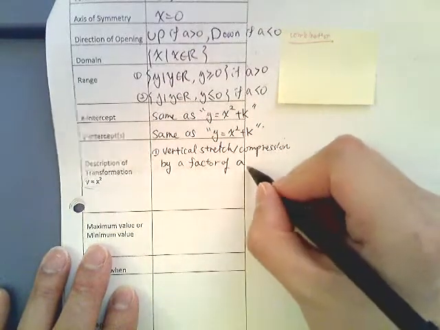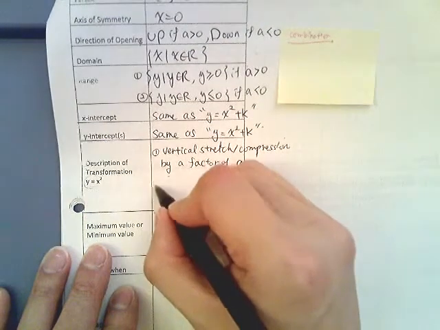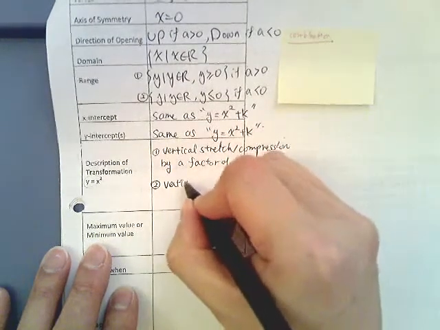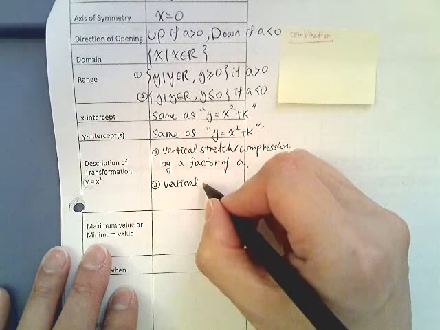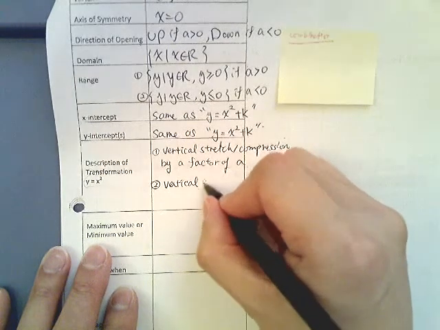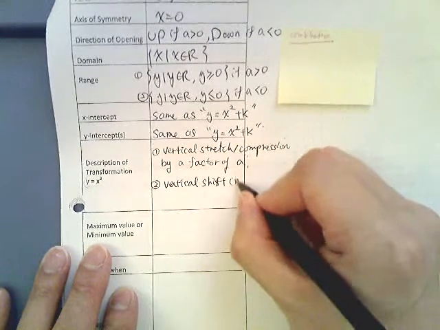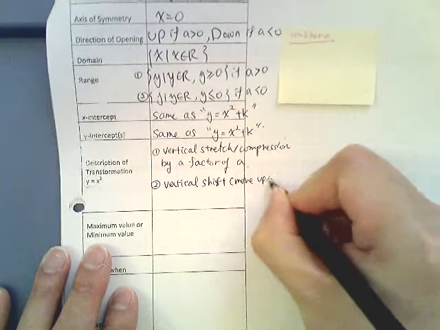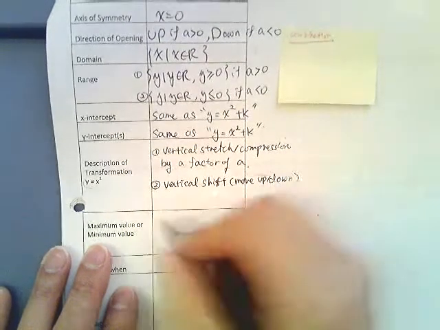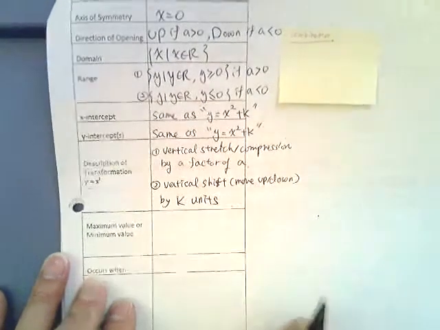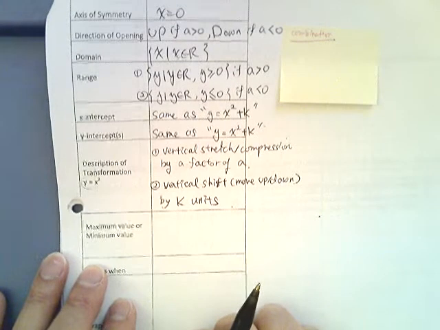The second transformation here is the vertical shift or vertical move, or move up and down, it's up to you. Vertical shift or translation, shift or move up or down by k units.